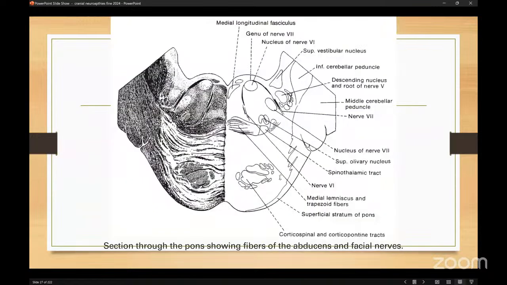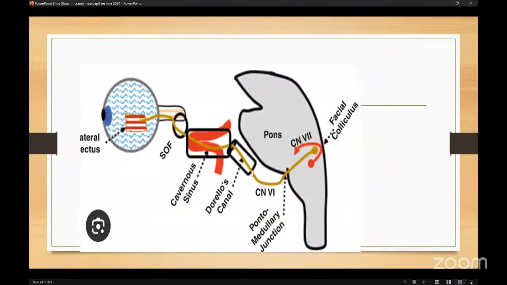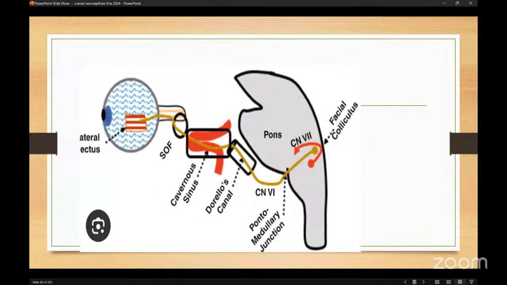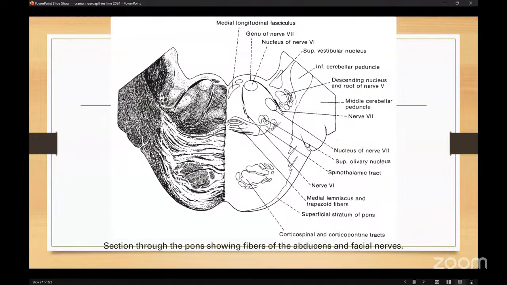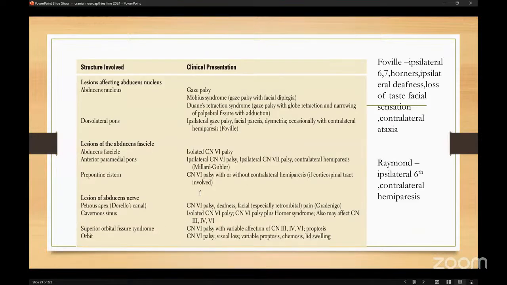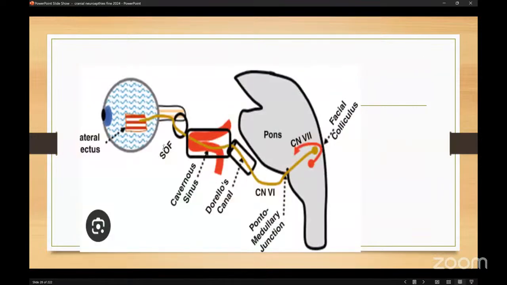Here you can see it comes out from the pontomedullary junction, traverses the Dorello's canal. Dorello's canal is between the posterior clinoid process and the apex of the orbit, and then it traverses through the lateral wall of cavernous sinus, then superior orbital fissure, and then the lateral rectus.